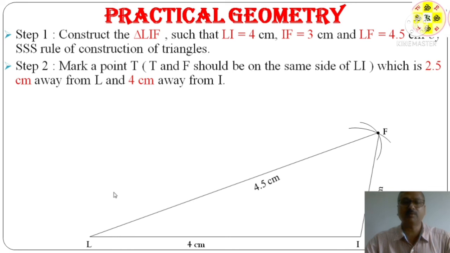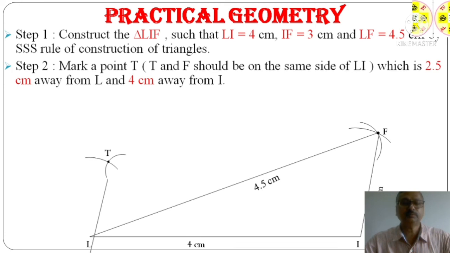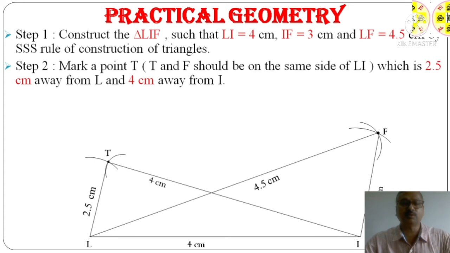The reason is the name, as per the rough figure we have constructed, so T should be somewhere here. It is 2.5 centimeter away from L, we will mark 2.5 centimeter, and 4 centimeter from I. From I this is 4 centimeter. Since this is also 4 centimeter, LIT will be an isosceles triangle, two sides equal. So this is 2.5 and this is 4.